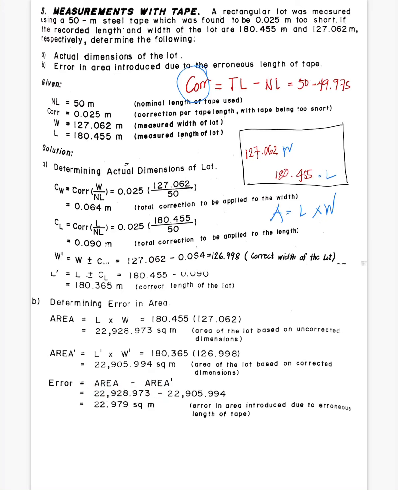So 22,928.973 minus 22,905.994. So that is 22.979 square meters. So that is the error in area introduced due to that erroneous tape length. So that is the answer.